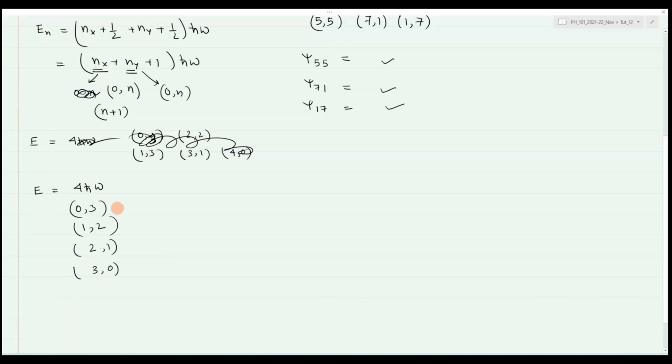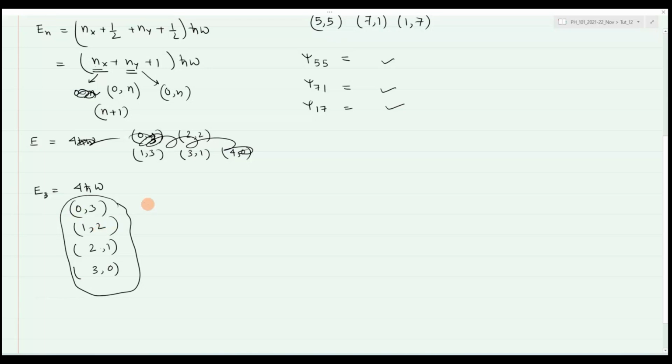So we will get 4 values of nx and ny, which correspond to this energy state. So this 4 h cross omega is basically n equal to 3, right? Here E3 is equal to 4 h cross omega. Yes, sir. So we are getting 3 plus 1, n plus 1 fold of degeneracy.